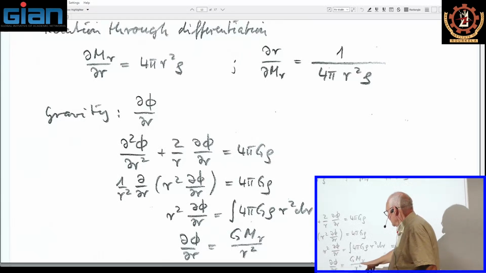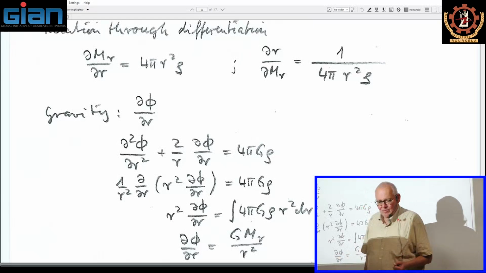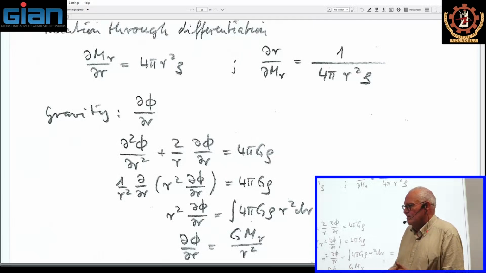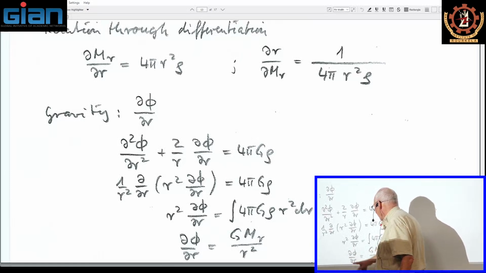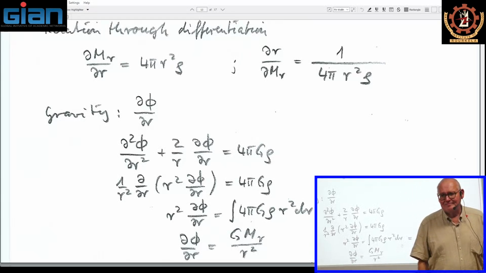Or we get d phi by dr, which is the gravity. In the equation of motion, only the gradient of the potential appears, so the gravitational force or the gravitational acceleration. The d phi by dr is G m_r over r squared.